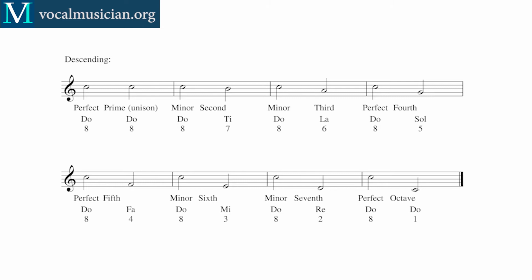And again, 8, 7, 6, 5, 4, 3, that distance is called a minor sixth. And 8, 7, 6, 5, 4, 3, 2, that distance is called a minor seventh. And 8, 7, 6, 5, 4, 3, 2, 1, back to the perfect octave.